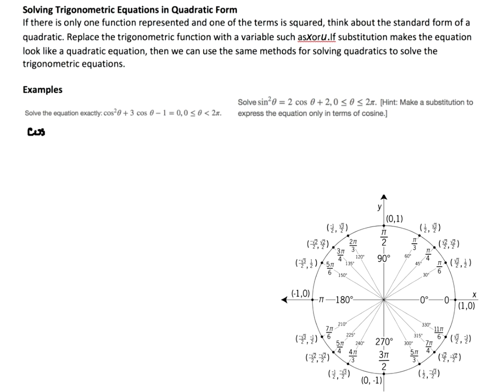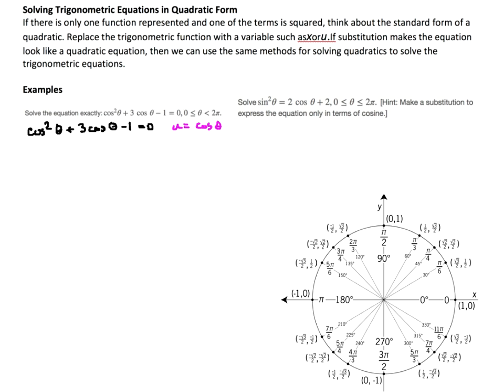Okay, so we start out with cosine squared theta plus 3 cosine theta minus 1 equals 0. So we're already equal to 0, so we're ready to solve. I'm going to let U equal the cosine of theta.